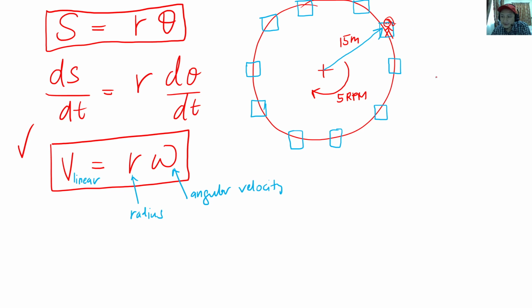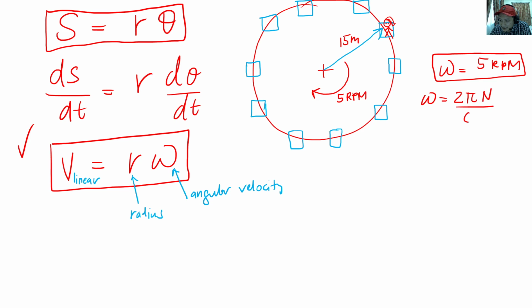So what are the data that we want? Omega is actually equals 5 RPM. Omega in radian per second. Remember the formula? 2 pi n over 60. So you can convert lah.